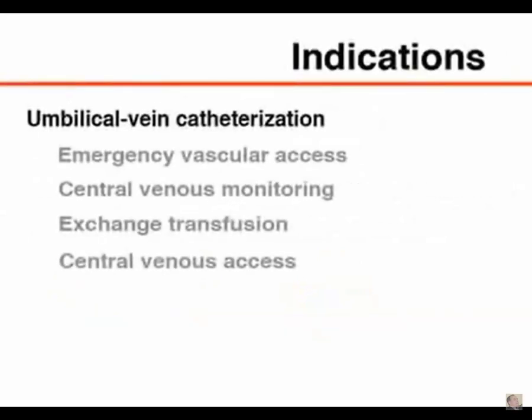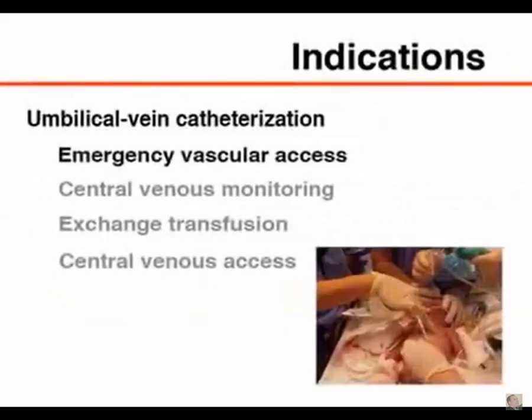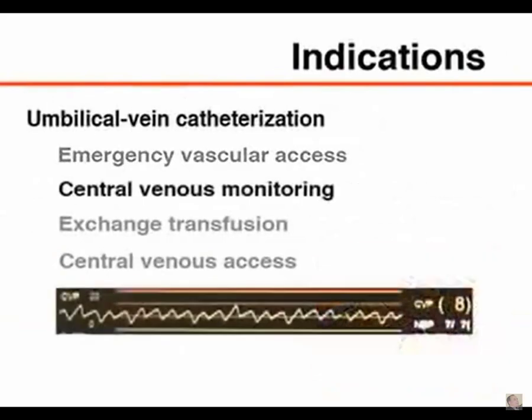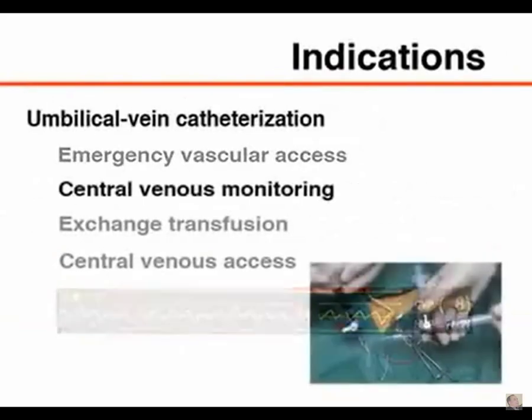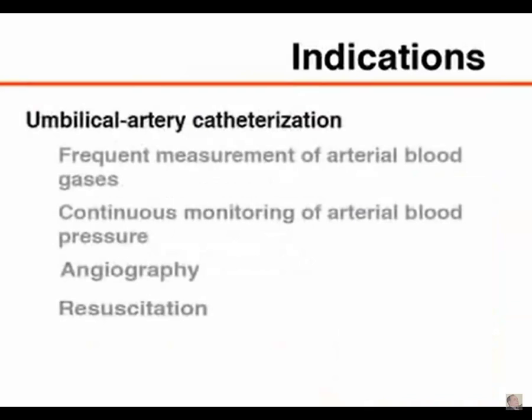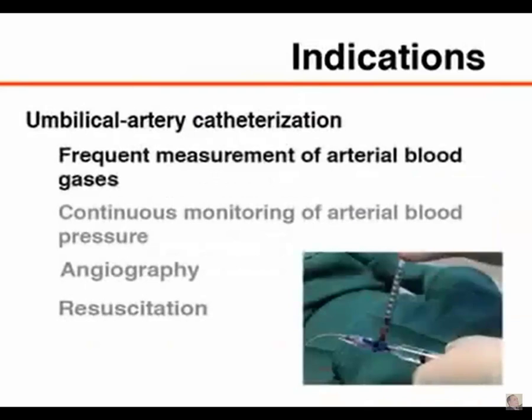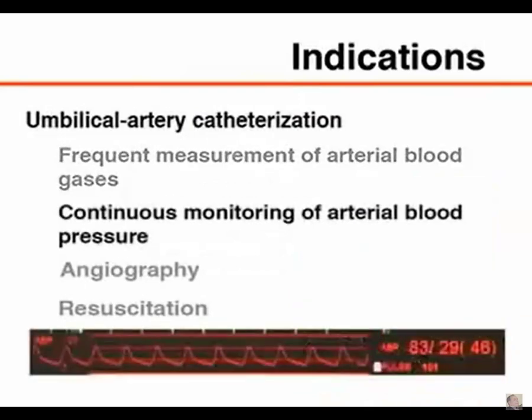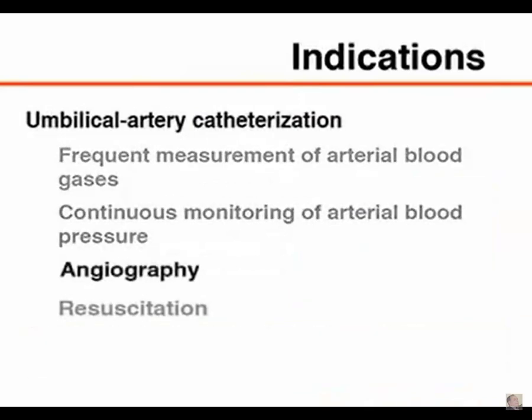Umbilical vein catheterization may be indicated for emergency vascular access, monitoring of central venous pressure, exchange transfusion, and central venous access in infants requiring long-term parenteral nutrition. Umbilical artery catheterization is indicated for frequent measurement of arterial blood gases, continuous monitoring of arterial blood pressure, angiography, and occasional resuscitation.